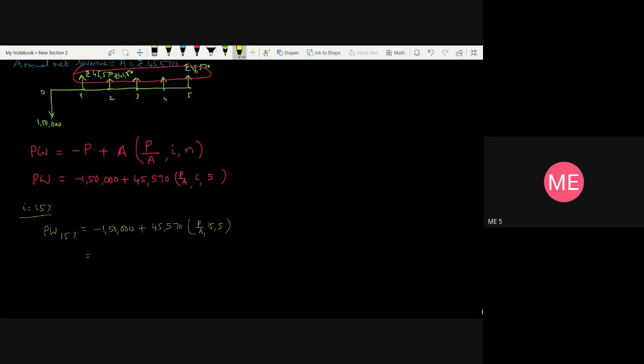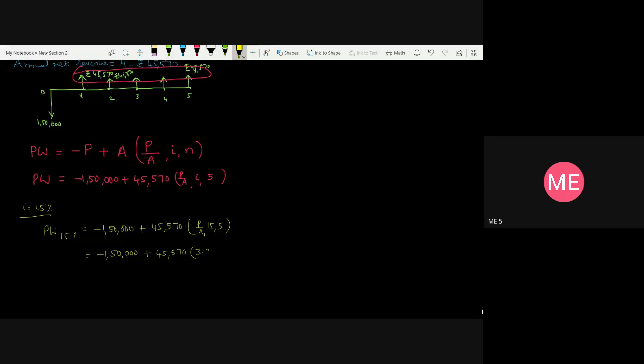So now for the different values of I, I am checking the present worth of this particular equation. If I substitute this and find out the factor from the compound interest table, I'll be getting for P by A comma 15 comma 5 the value 3.3522.